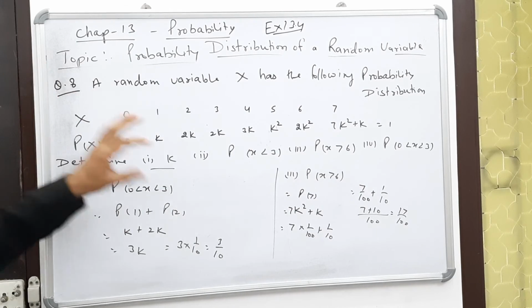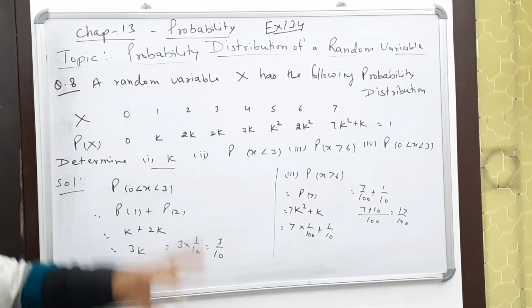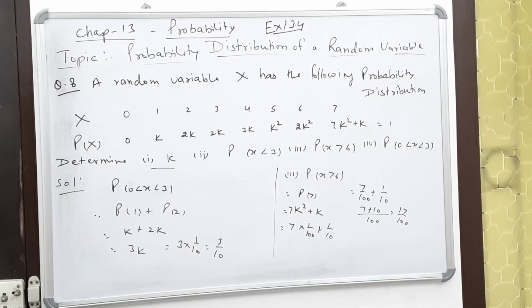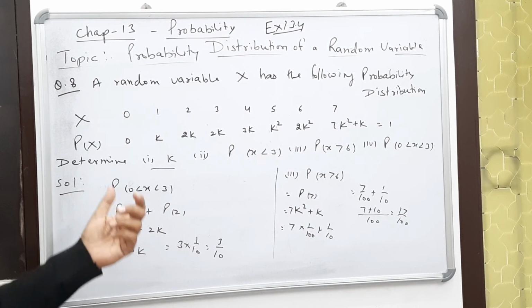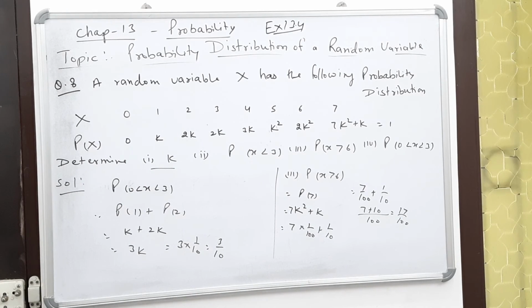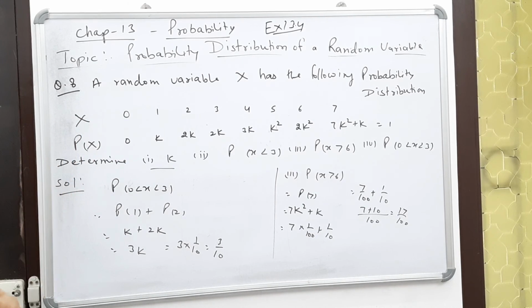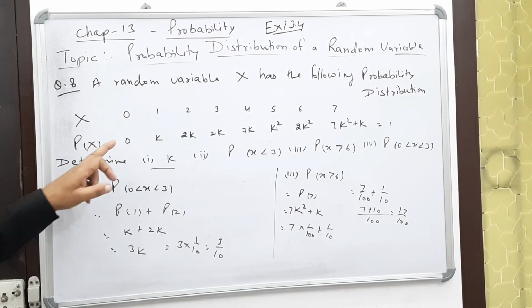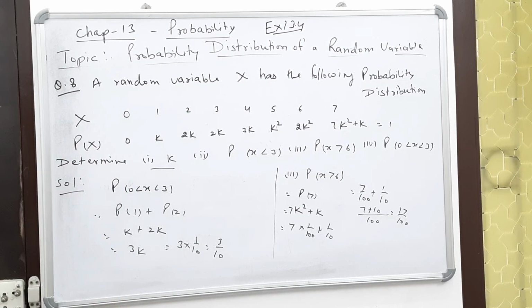I suggest you please prepare. Sum number 9 is also like this only. 9 and 10, both the sums are similar. I am leaving sum number 9 for you. There also the same thing is there: it is 0, 1, 2 and it is k, 2k, 3k, and otherwise it is 0. So please try that particular sum also and prepare this chapter very nicely.